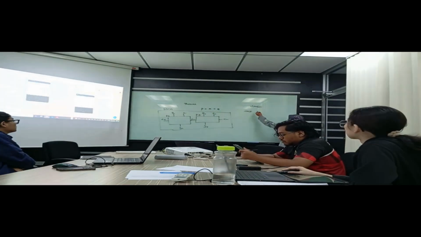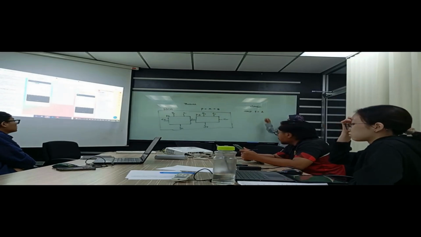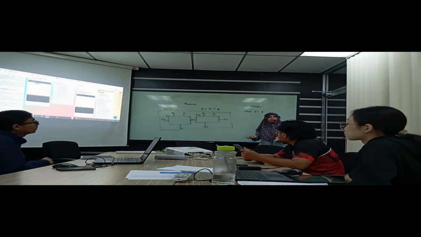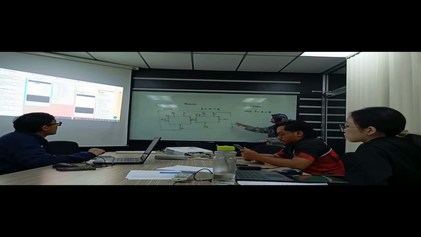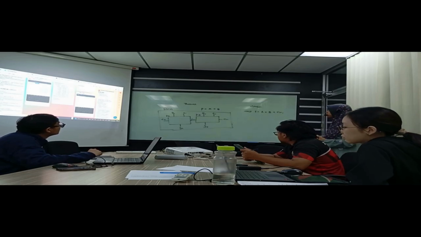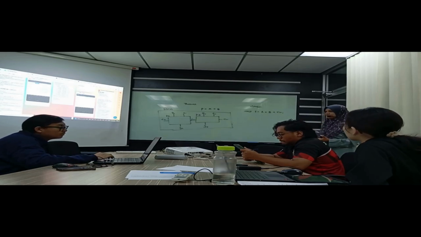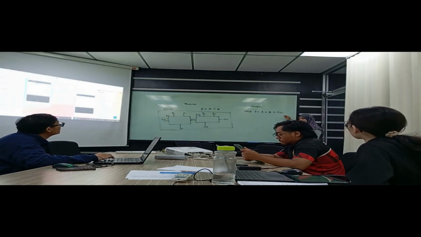So now it should be F equal to A, use the adder operator, add B, and then you have the Cin as well, so plus Cin. Done. Only one line of code, instead of using the structural modeling. So is this correct, or do you want to do some modification?